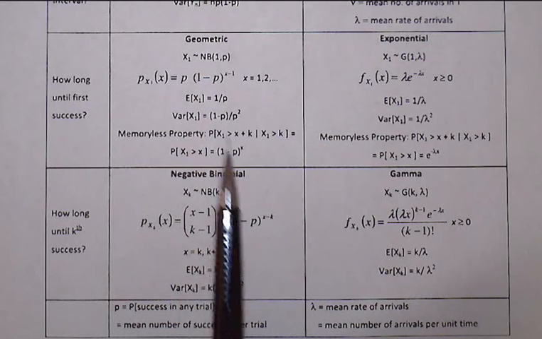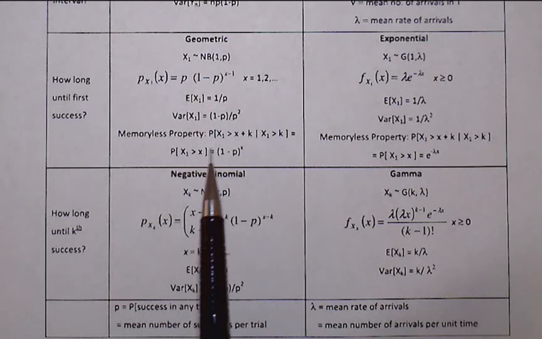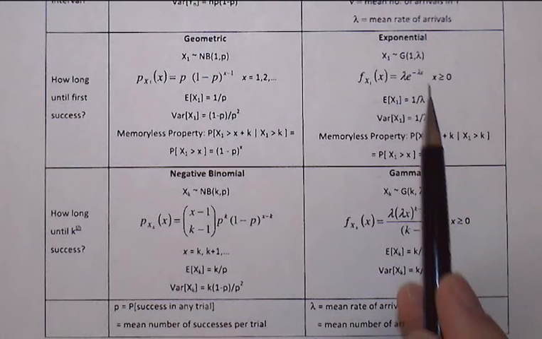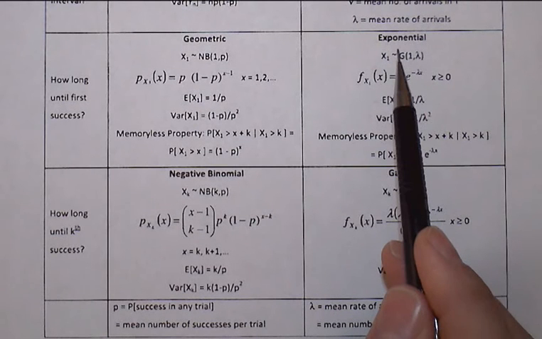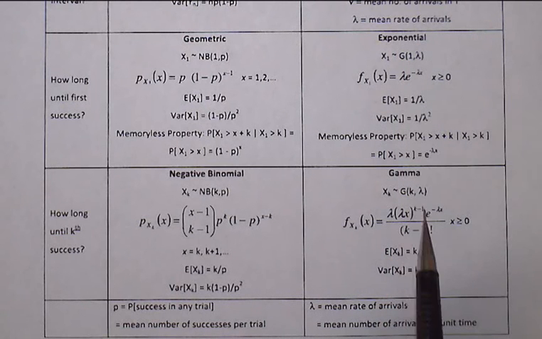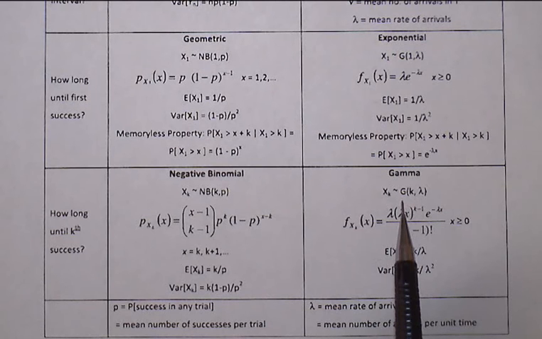Note the memoryless property that is sitting there, and then when you go into the continuous time domain, you get the exponential model. And the exponential model in itself is likewise a special case of the gamma distribution down here, which is more generally for k, how long until the kth success.